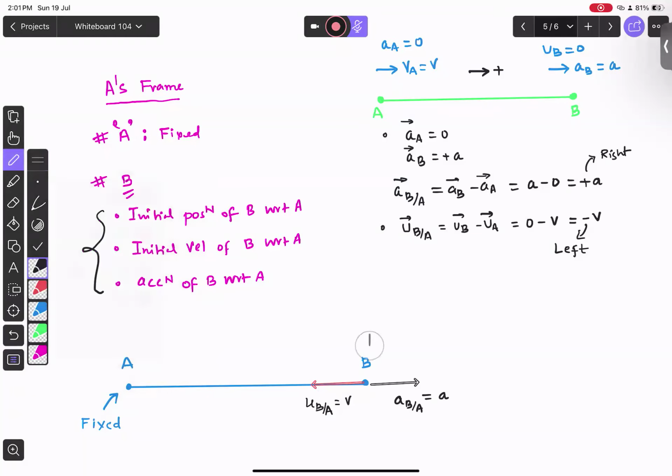So this is the initial position of B with respect to A. Suppose I take A as our origin, so this is our x equals 0. Then what name will you give to this point? I took this side as positive, no?